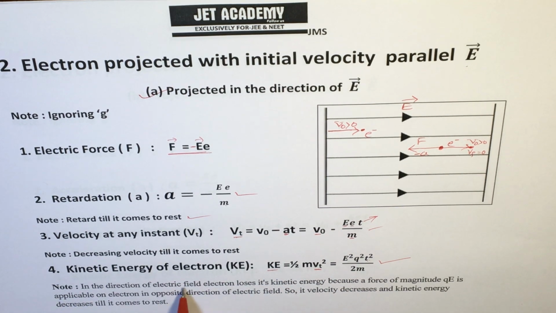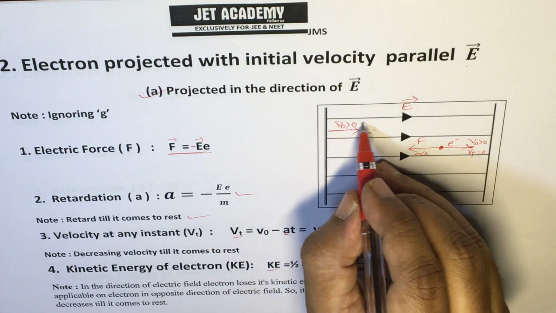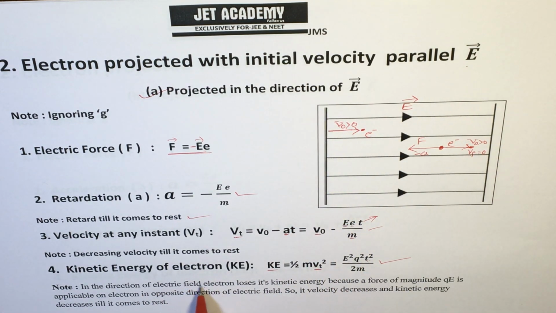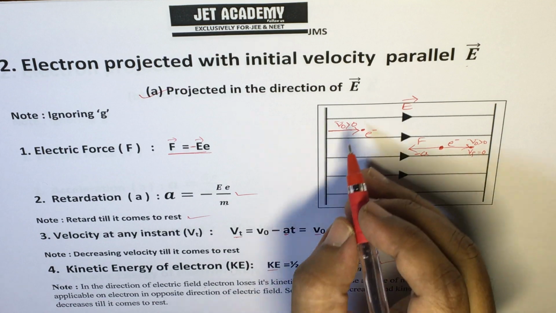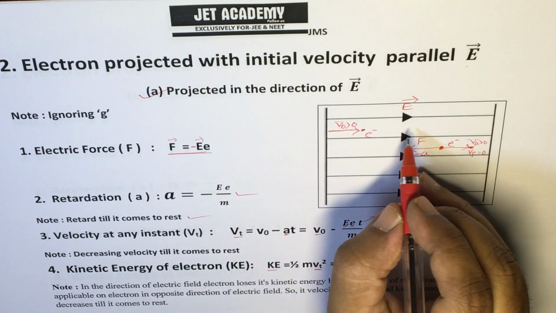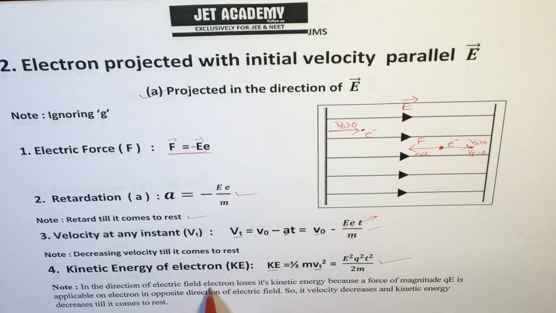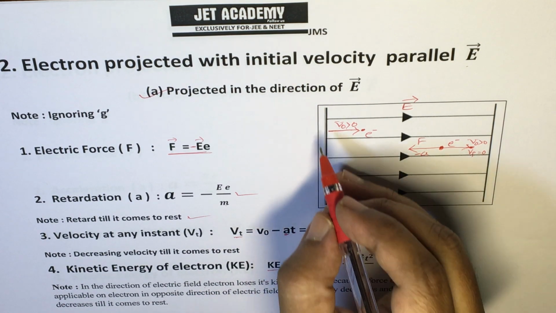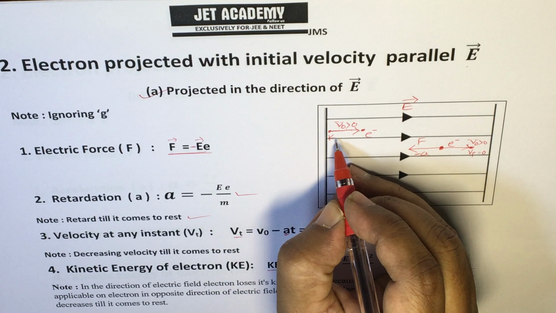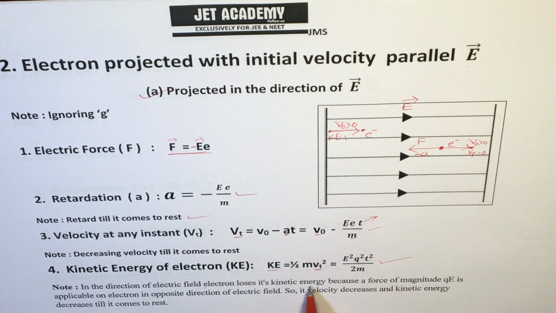And note, in the direction of the electric field, the electron loses its kinetic energy. Means if it is injected with an initial velocity in the direction of the electric field, the electron loses its kinetic energy because initially it has kinetic energy, and a force of magnitude eE is applicable on the electron in the opposite direction.